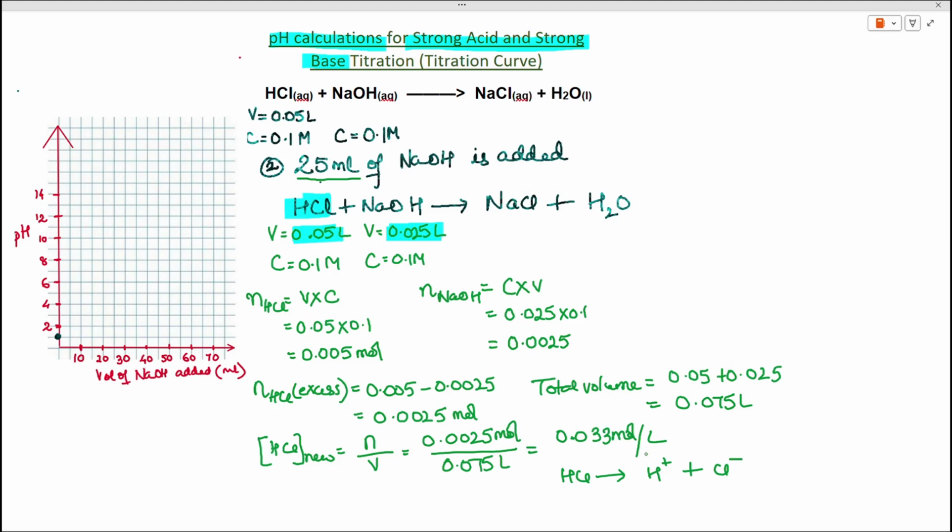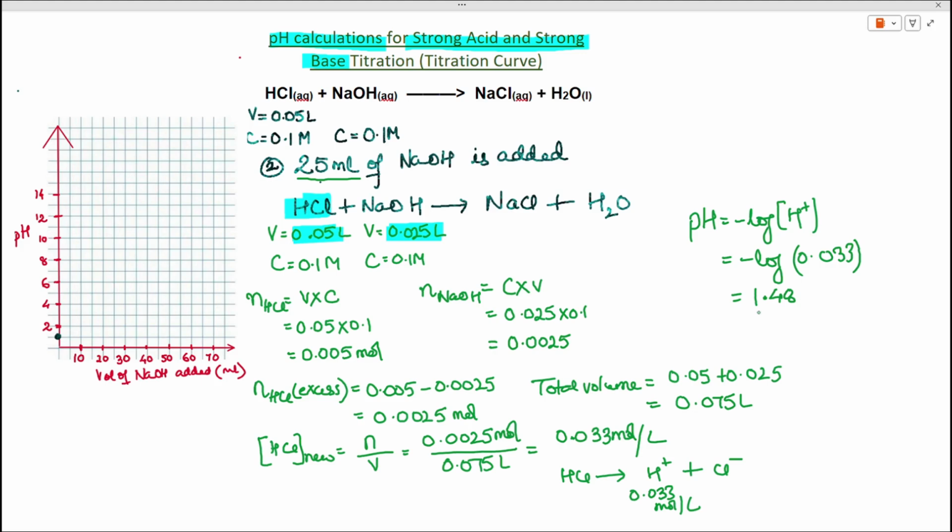So the concentration of H positive ions also is going to be 0.33 moles per liter, and this presence of H positive will make the solution acidic. So the pH will be equal to negative log of H positive ion concentration, which is negative log of 0.033, and we get this value as 1.48.